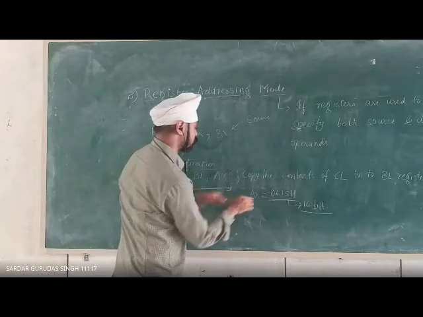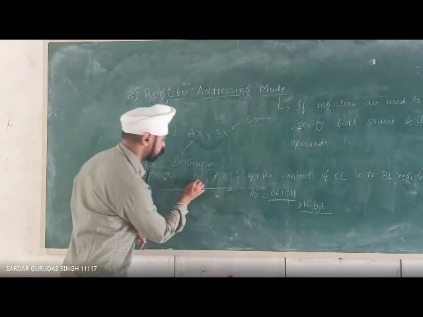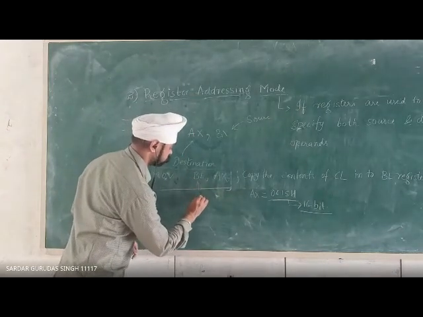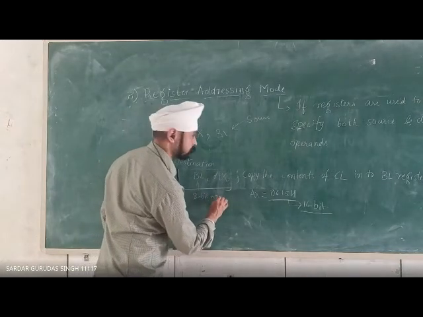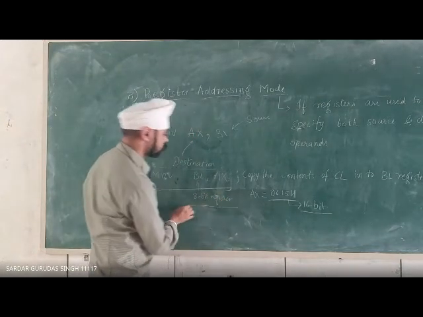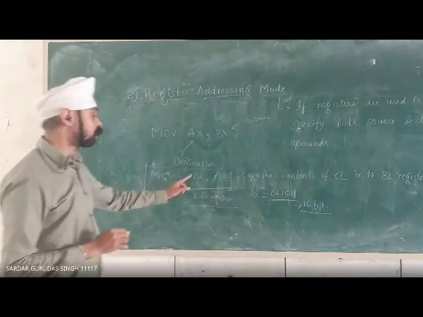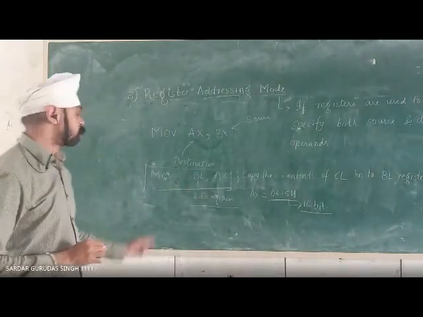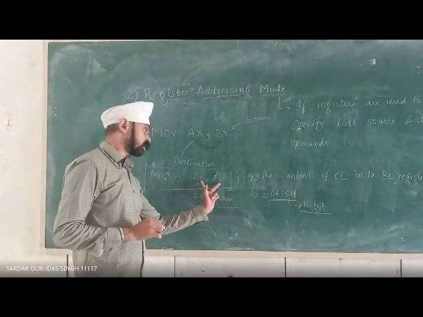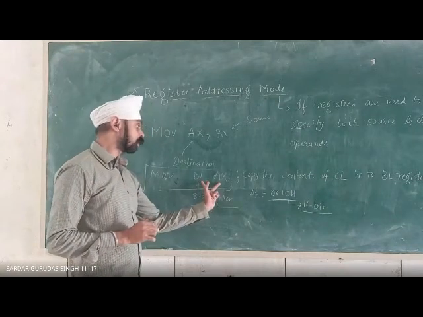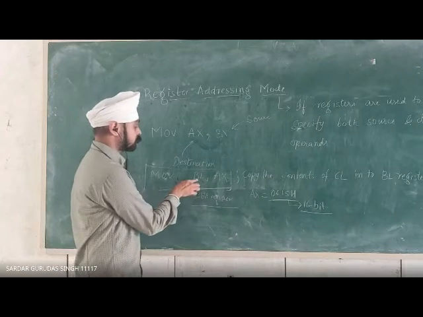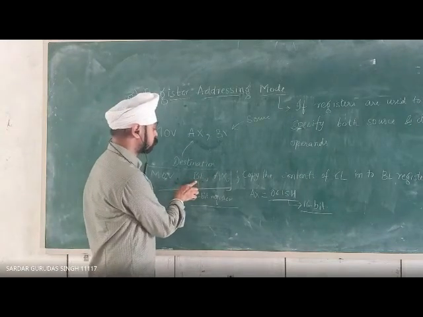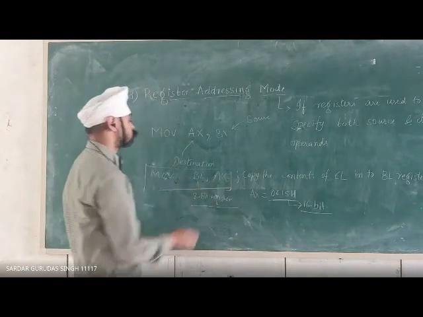A 16-bit content cannot be moved into an 8-bit register, because it is not sufficient. So always make sure that both these registers are of the same size, or the destination register is larger than the source register.